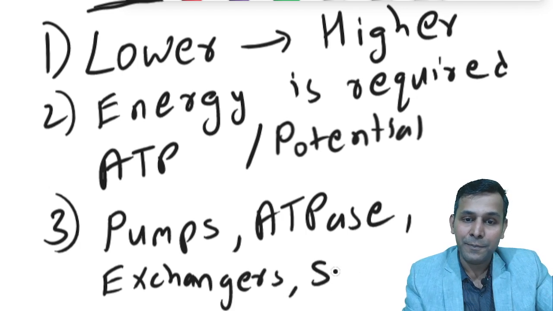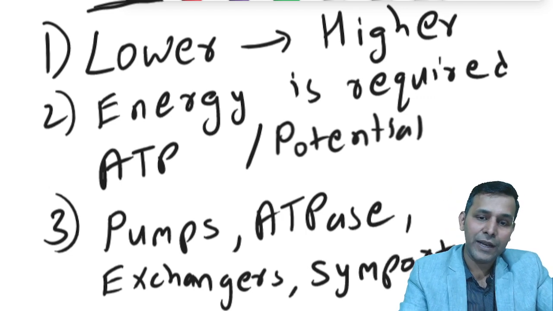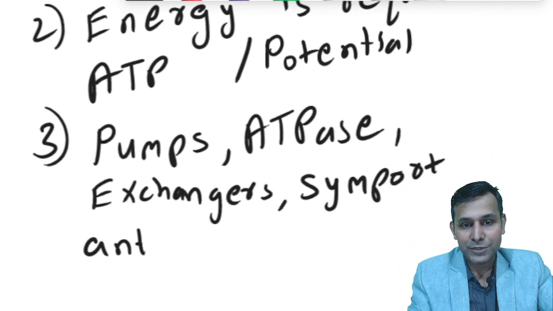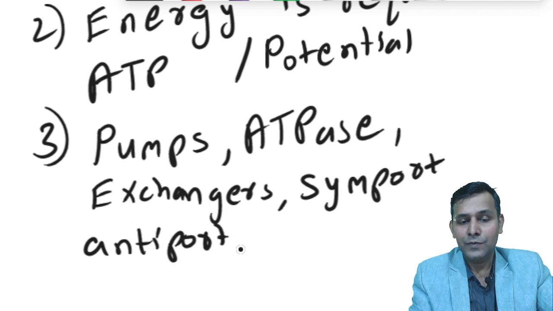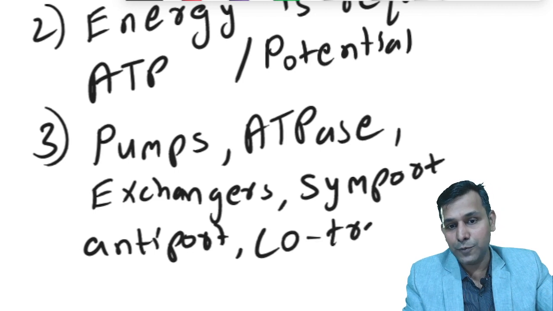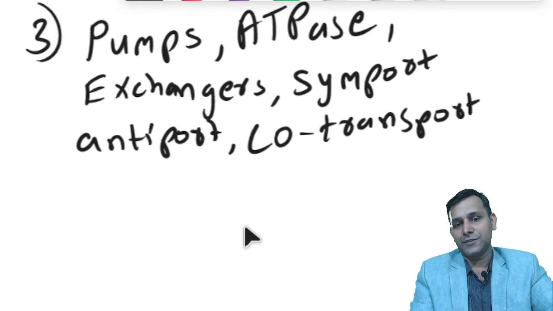Or we can have symport, or we can have another word like antiport. Or we can have another word like co-transport, or counter transport. All these words indicate that it is a type of active transport.